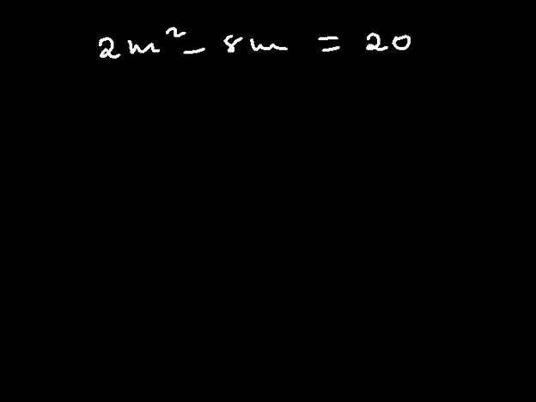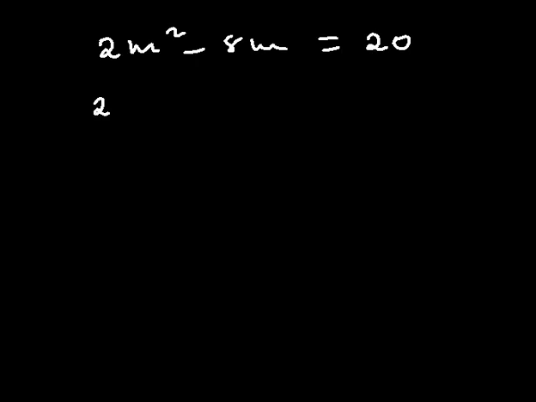So how do you think we should solve for this using the completing the square method? Make sure that this is a quadratic expression, expressed in the form of the quadratic equation. Therefore, 20 has to be brought to this side.